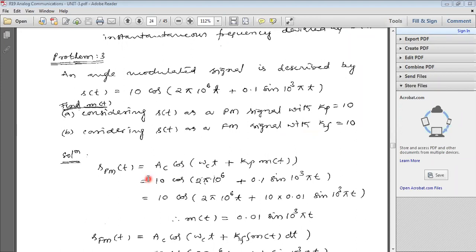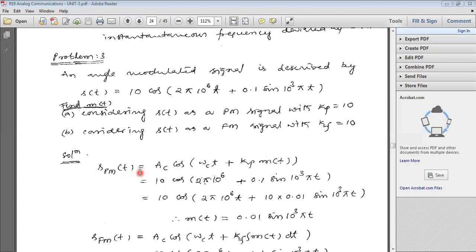For the first case, since it is a PM signal, sorry, phase modulated, not pulse modulated, phase modulated signal, it is represented as s PM of t.